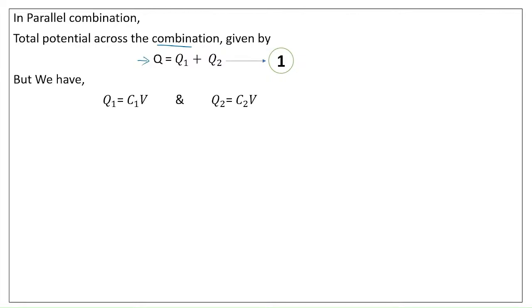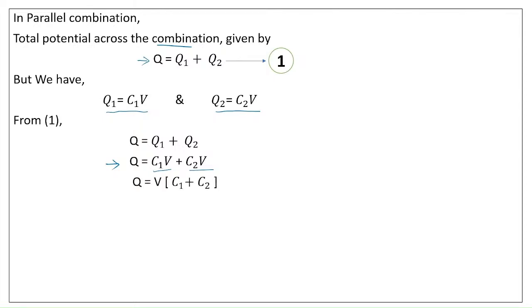But we have Q1 is equal to C1V and Q2 is equal to C2V. Substituting the values in equation 1, we get Q is equal to C1V plus C2V. Take V common. Then Q is equal to V into bracket C1 plus C2.